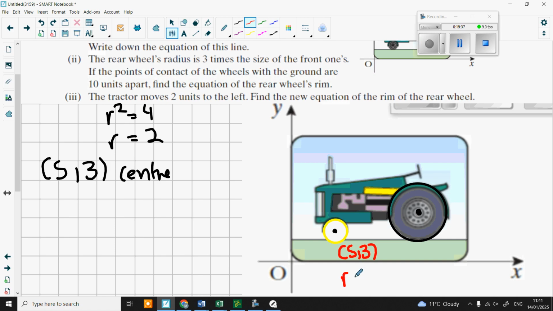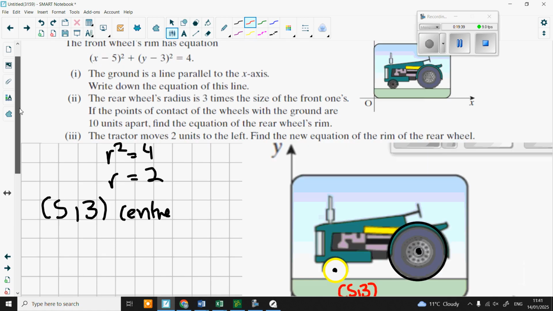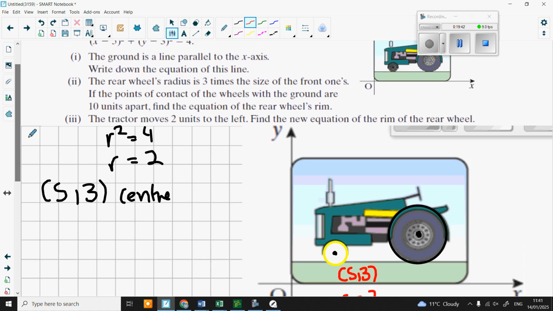Now that front wheel is at 5, 3, yeah? It has a radius of 2. It's parallel, so the ground is level, which means we can track it properly, okay? Now, write down the equation of this line, the equation of the ground. That's easy. See the way the center of the circle is 5, 3, and you drop down.